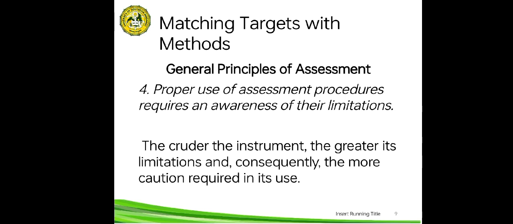Let's say that the learning target is to describe a process. A matching method would be a written explanation or oral recitation. But if the target is to create, then the best method might be a performance task or project.